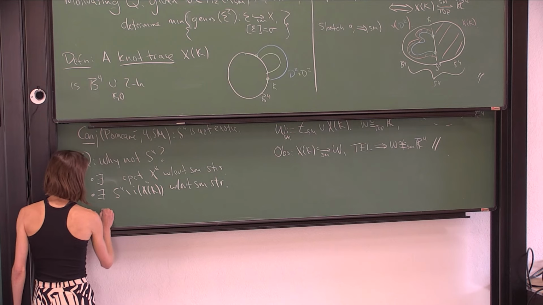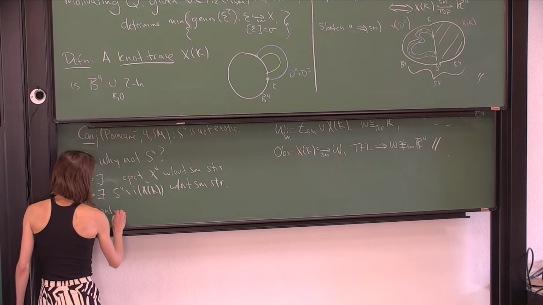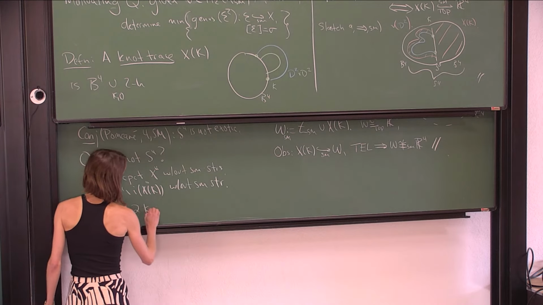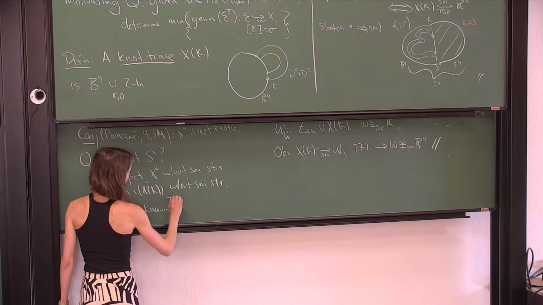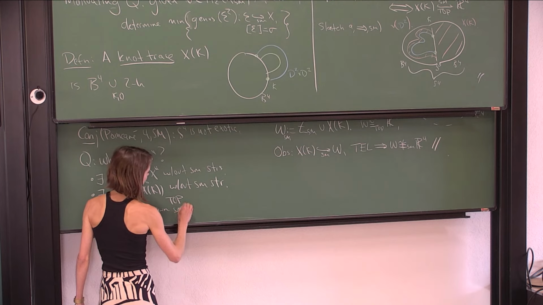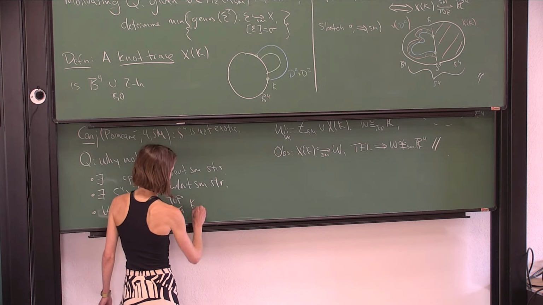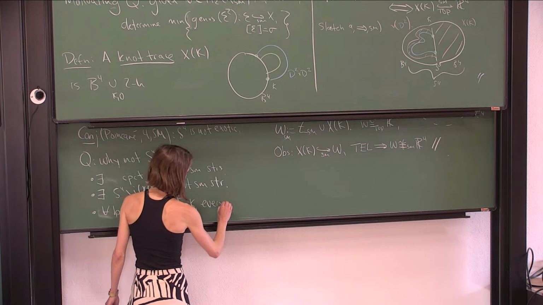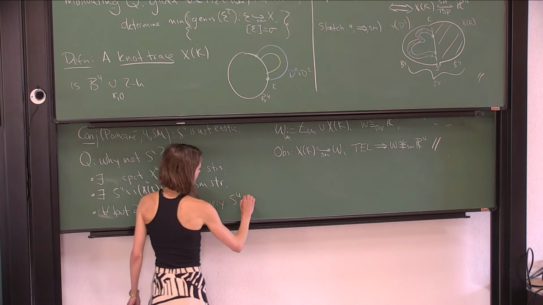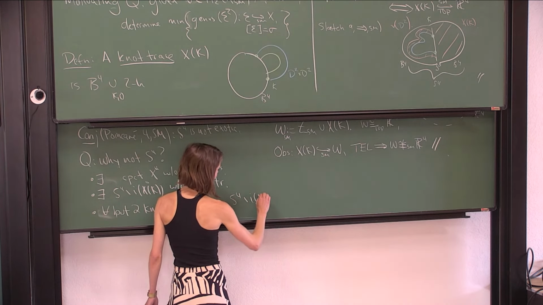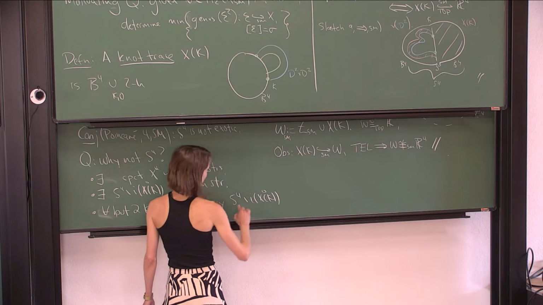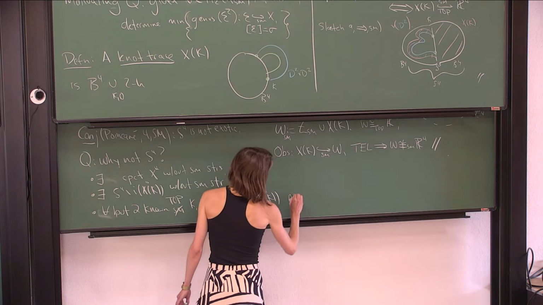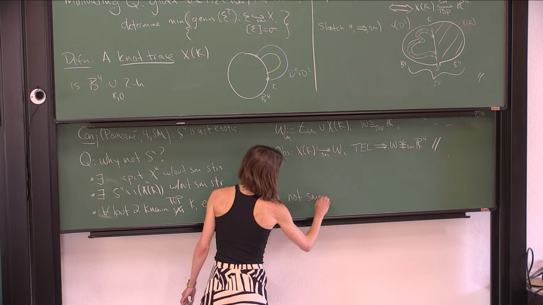So for all but 2 known topologically but not smoothly slice knots, we in fact know that every single complement of any topological embedding of that trace into S4 doesn't.